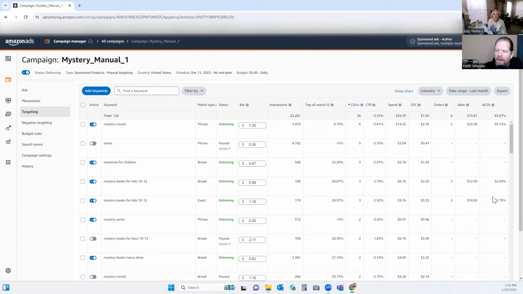It's just like with a book that's out there: an ad that has more visibility and has been out there longer might be able to get a lower price because it has more proven relevancy. And so what I would do is take the keywords that are in here that are currently selling.